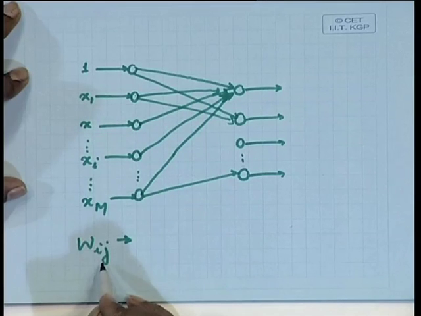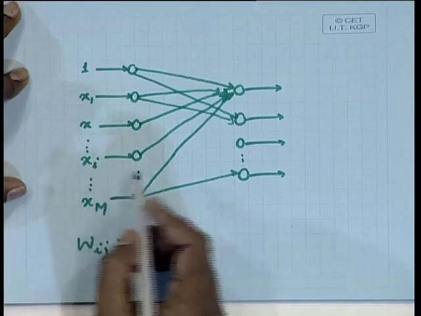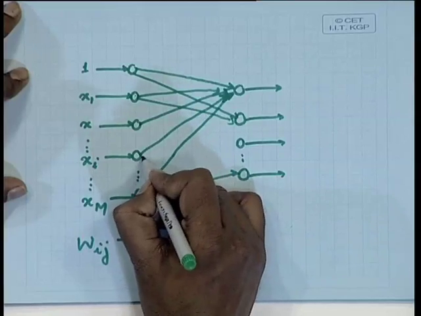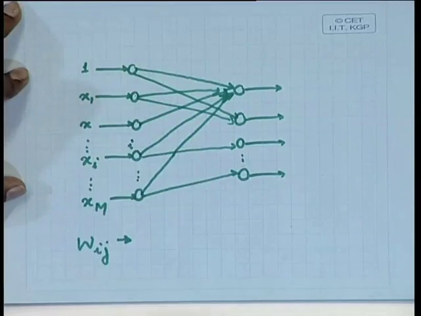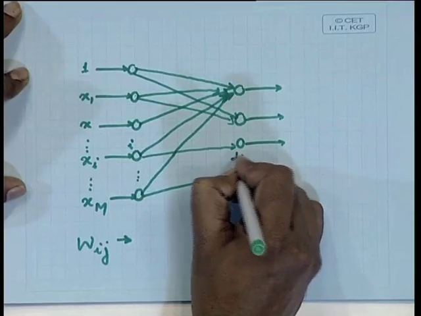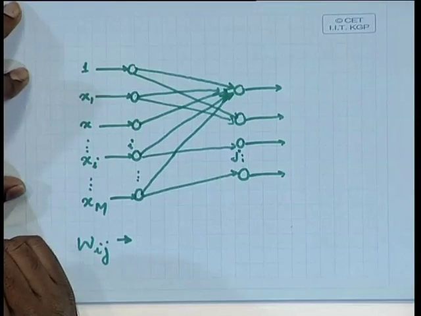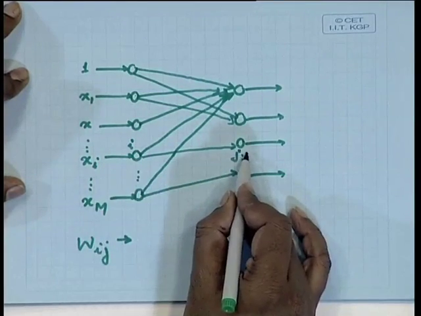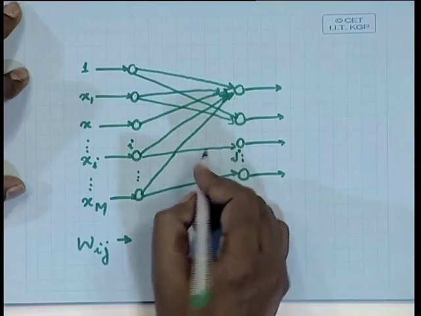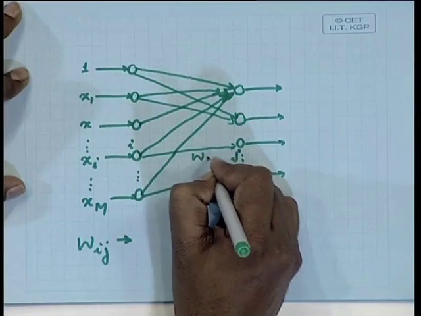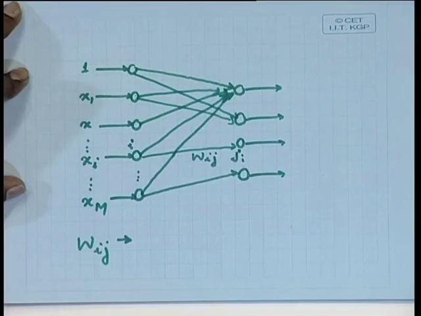So, this Wij represents, say this may be my ith node of the input layer, and this is the jth node in the output layer. This connection weight from the ith node of the input layer to the jth node of the output layer is represented by Wij.